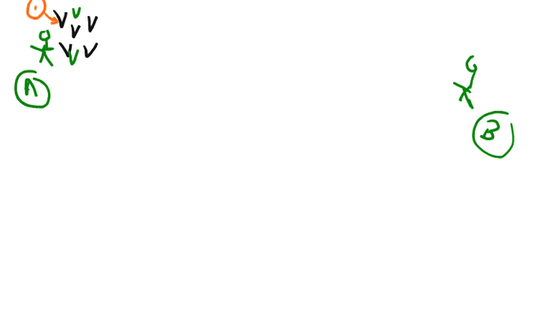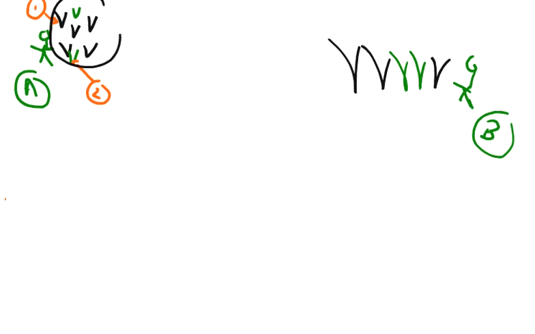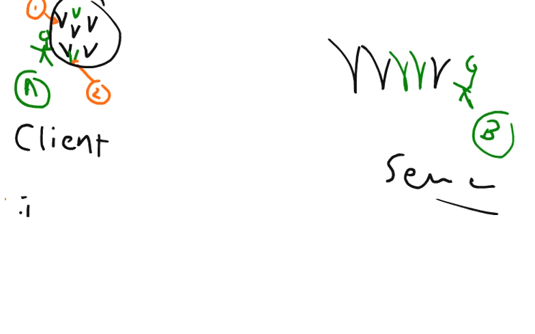So if this is packet 1, pigeon 1, and this is packet 2, pigeon 2, then they will reach in the same order, because they are trained in such a way. So in case of internet or computer networking, we can consider these pigeons as internet protocol packets.